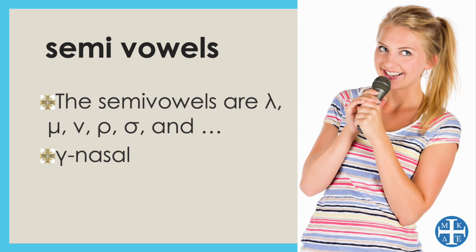So, for example, 2 gammas would give N, like in the English word sing, or in the Greek word angelos. If the gamma was before a K, it would sound like an NK sound. If it was before a chi, it would also sound like an NK sound.